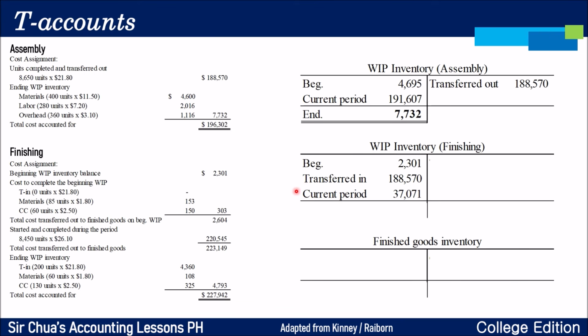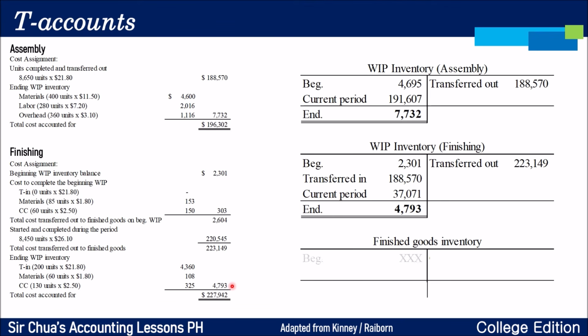DM and conversion. Pero syempre po, may matatapos ka rin dyan sa finishing department. Magkano yung natapos? Ito po. Yung ilalagay natin sa finished goods inventory kasi tapos na siya, 223,149. So, makokompute nyo po yung ending balance which is 4,793. Malalaman yung tama yung T-account nyo kung kapareho niya yung cost assignment na ginawa nyo, which is the ending balance of the work in process inventory for the finishing department is 4,793.